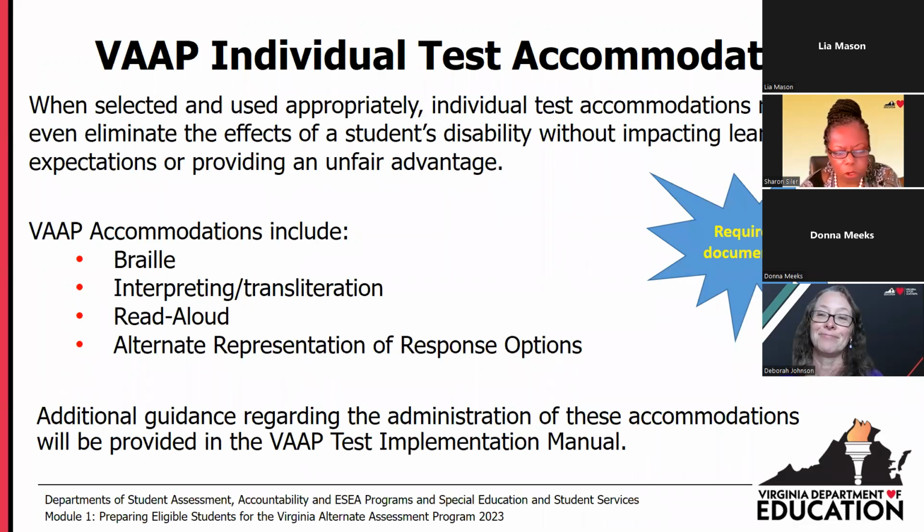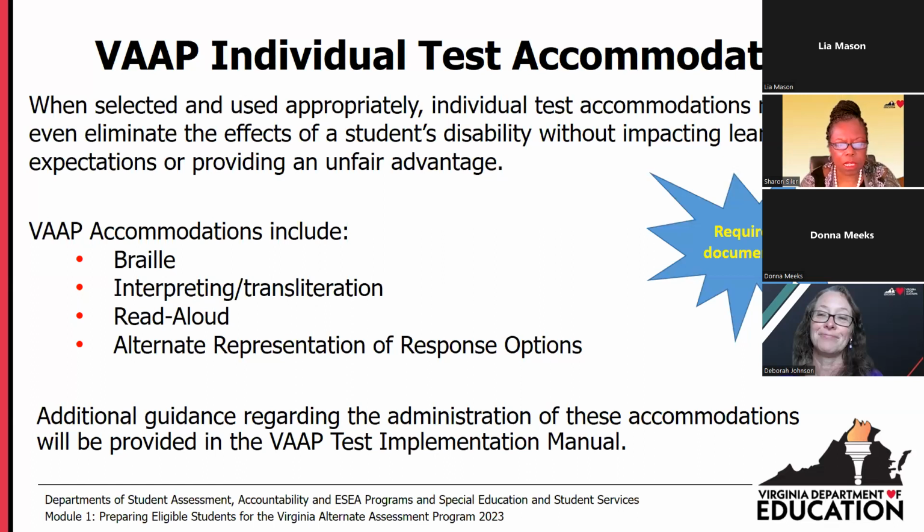Braille for your blind or visually impaired students, interpreting and transliteration, the read aloud accommodation, which I'm going to talk a little bit more about in the next couple of slides, and the alternate representation of response options. Now, again, in the appendix of this document, you're going to find that more information is provided explaining each of these accommodations.